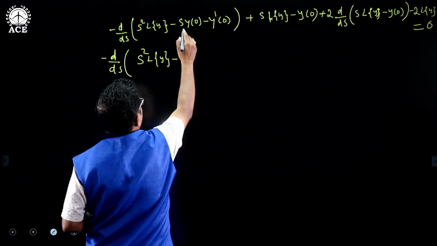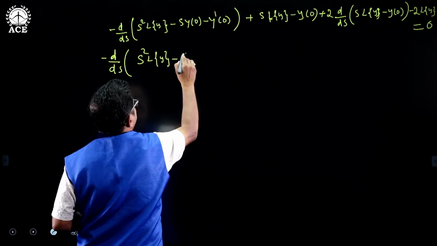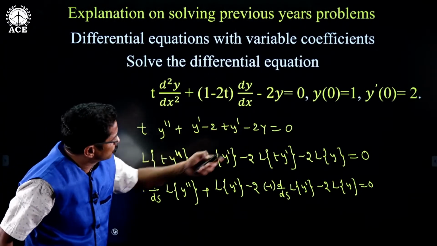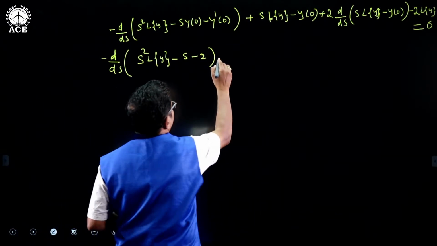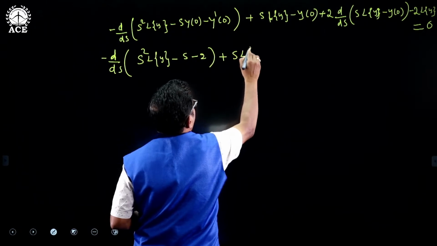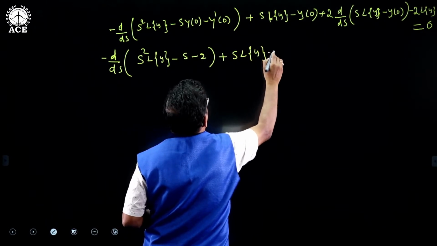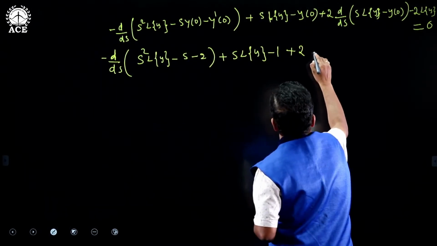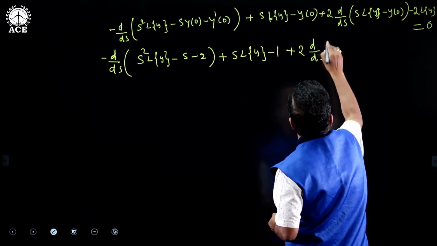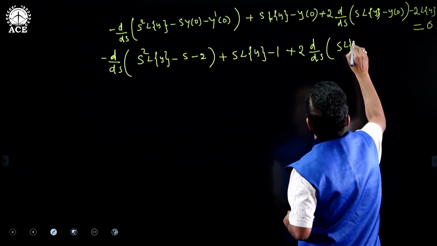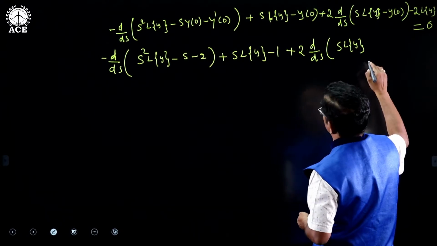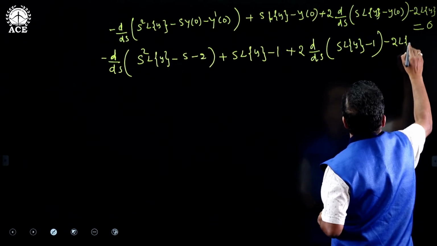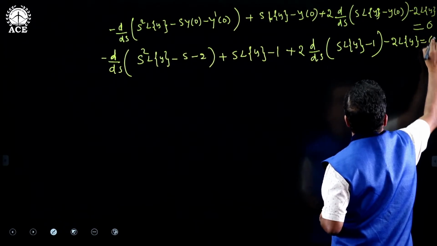So s into 1, and y dash of 0 is 2, plus s into L of y minus y of 0, which is 1, plus 2 into d by ds of s into L of y minus y of 0, which is 1, minus 2 into L of y is equal to 0.